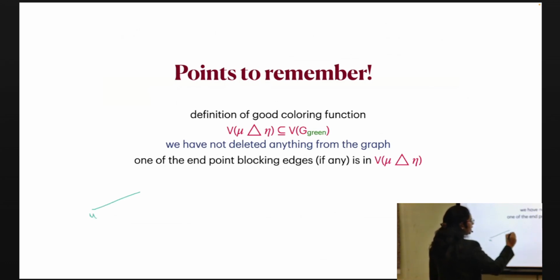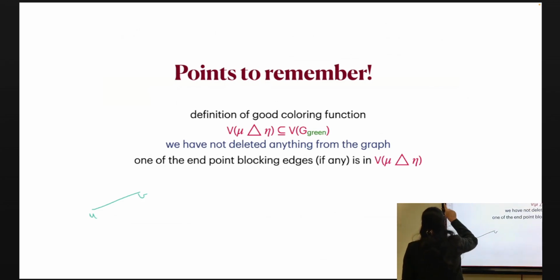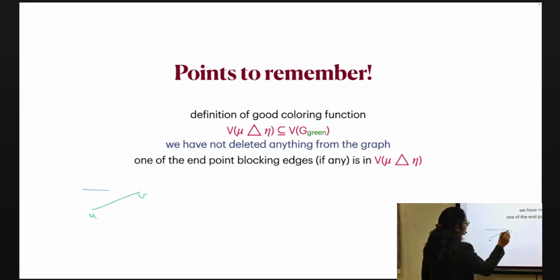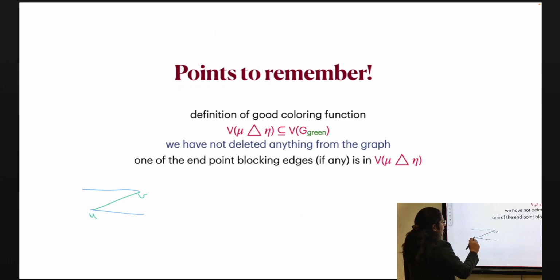Let us say this is your blocking edge. Blocking edge it is. So let us look at their matched partners. You are saying that none of this belongs to the symmetric difference, right?